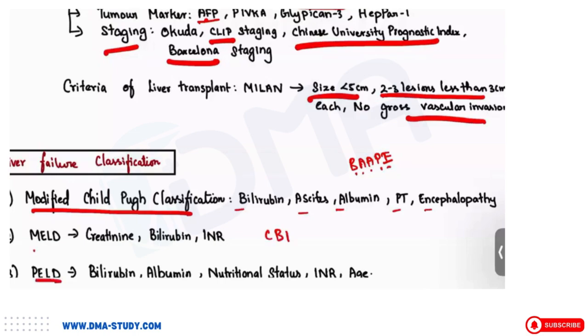And PELD scoring is BANIA. Students from Russia and Kyrgyzstan know about the Banya, a place where they have hot air. Banya: bilirubin, albumin, nutritional status, INR and age. So BANIA is PELD, CBI is MELD, BAAPI is modified Child-Pugh classification. That you have to know.